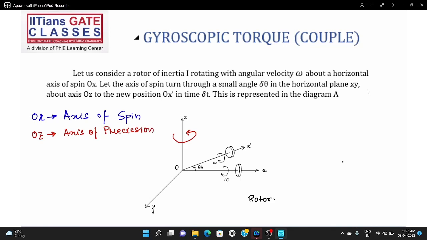You can see these two axes are perpendicular to each other, and the third perpendicular axis is OY. Axis OY is the axis about which the gyroscopic couple will act, so it is known as the axis of gyroscopic couple.